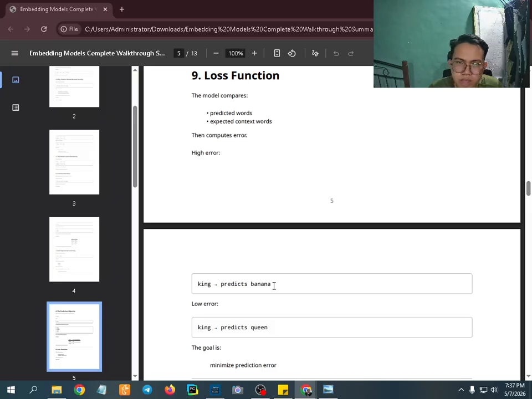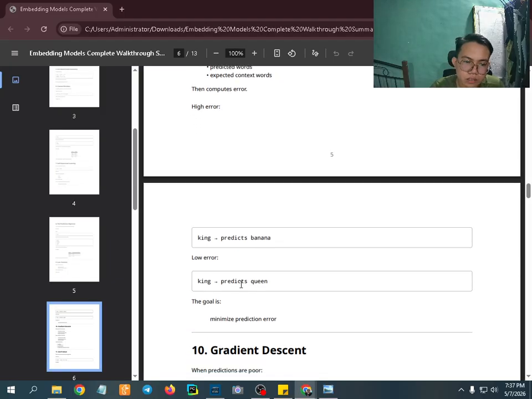We couldn't see them used together in the same sentence or context. That's why it will produce high error. While in many contexts or sentences, we often see king and queen associated with each other, used together in many sentences in every different data that we gathered.